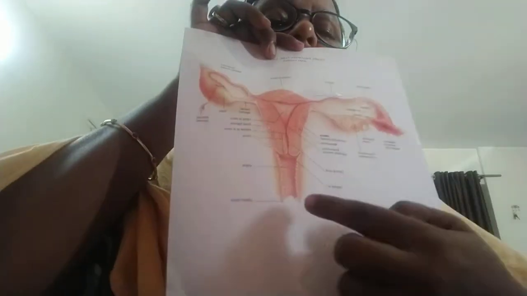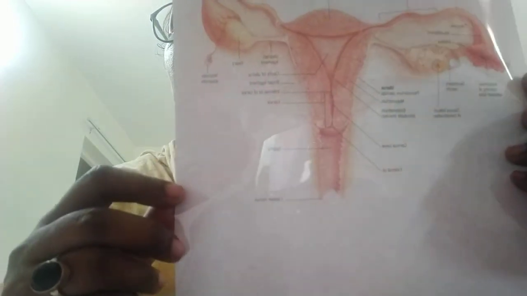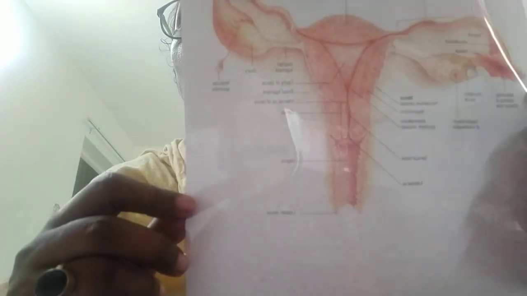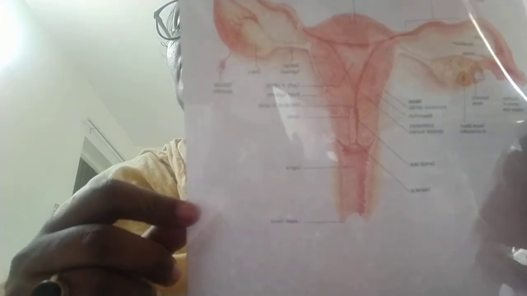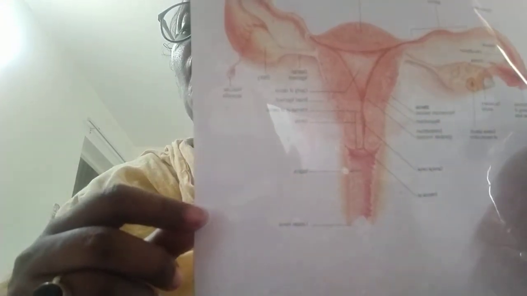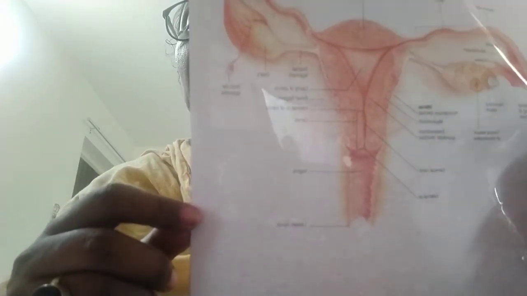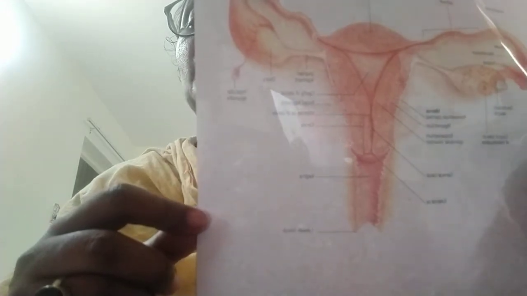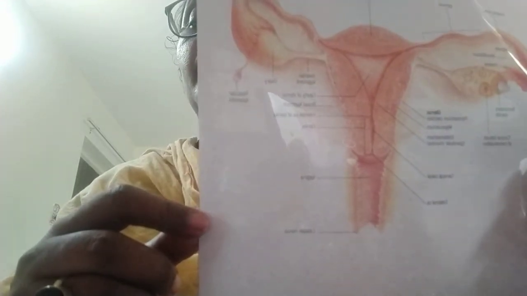First one is the vagina. The vagina is a fibromuscular, distensible, hollow tube joining the vestibule of the vulva with the uterus. It forms the lower part of the internal genital tract to provide a canal for menstruation, a coitus canal, and the birth canal.